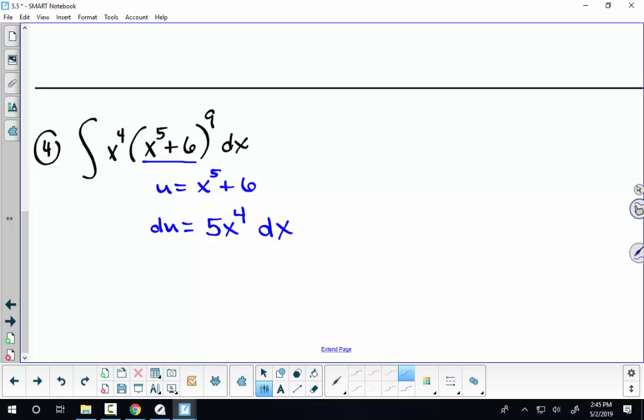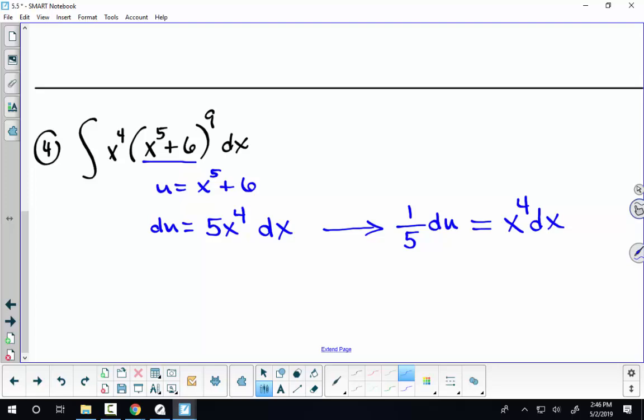So we say, well, it's just differing by a constant, so let me just divide both sides by 5, or multiply by 1/5. So that means 1/5 du is x to the 4th dx.